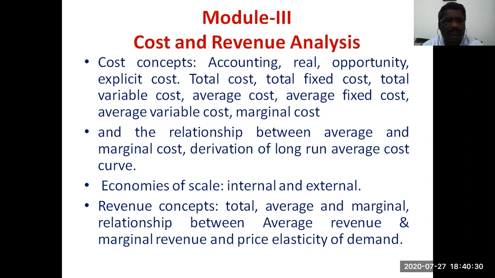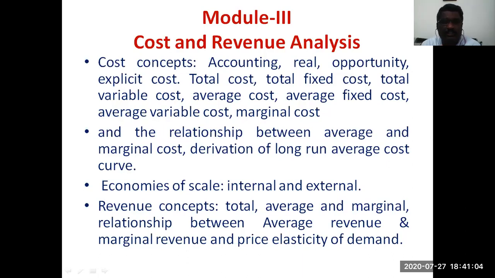In cost concepts, there are different types of concepts. Accounting cost, real cost, opportunity cost, explicit cost, as well as total fixed cost, total variable cost, total cost, average fixed cost, average variable cost, and marginal cost.